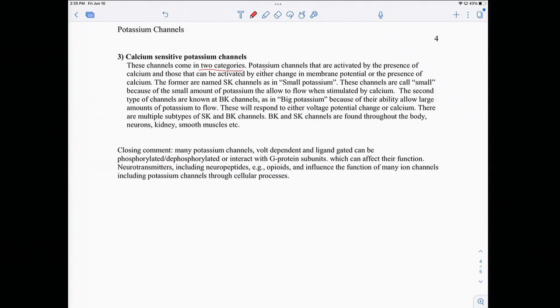You have potassium channels that are activated by the presence of calcium, and that's one. The other, this is two, is those that can be activated by either a change in membrane potential or the presence of calcium.